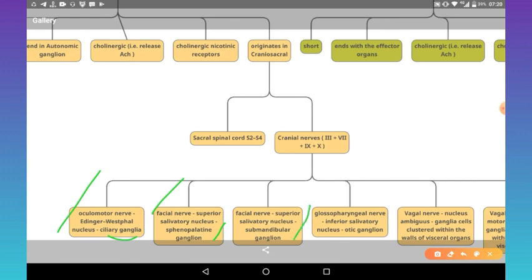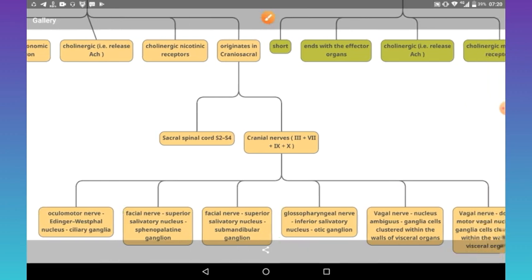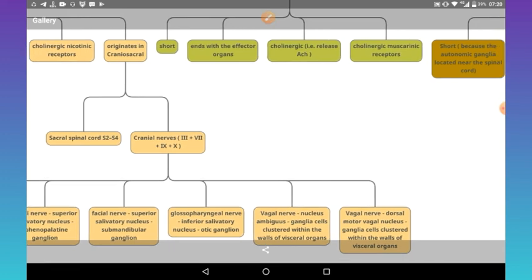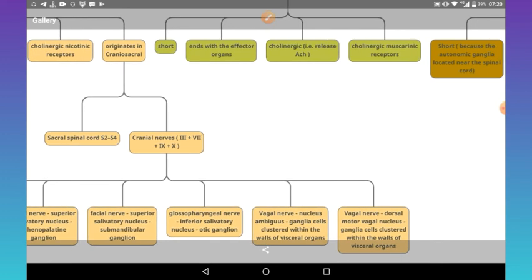We also have the glossopharyngeal nerve, inferior salivary nucleus, and otic ganglia. We have the vagus, nucleus ambiguus, ganglia, cells clustered within the walls of the visceral organs, and also the vagal nerve dorsal motor vagal nucleus, ganglia, cells clustered within the walls of the visceral organs.